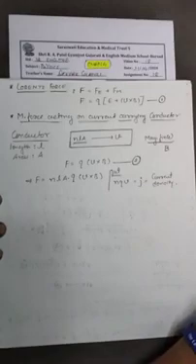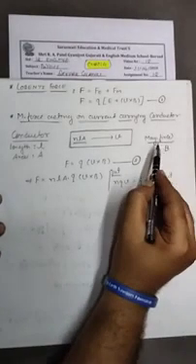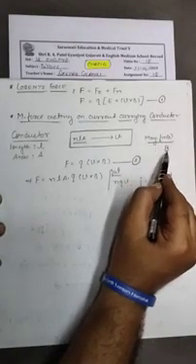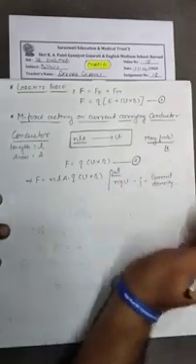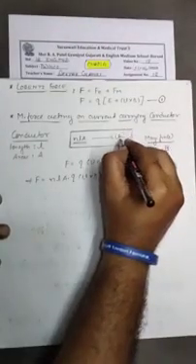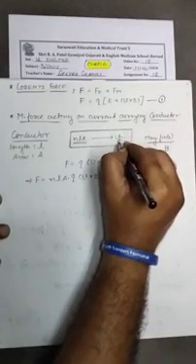Here, for our convenience, there is a magnetic field and the charges are moving with velocity under the effect of the magnetic field, so we will take Vd. What is Vd? Drift velocity.